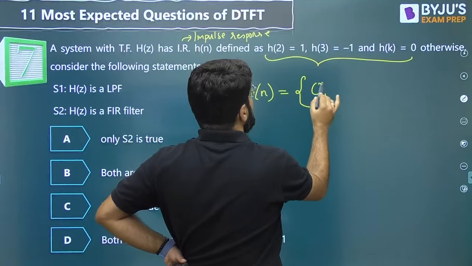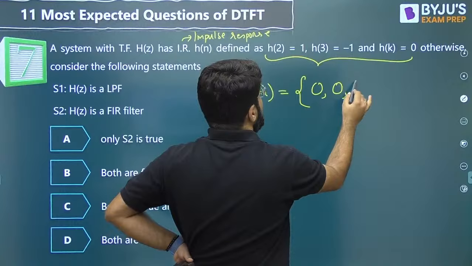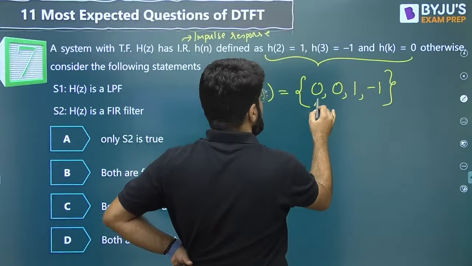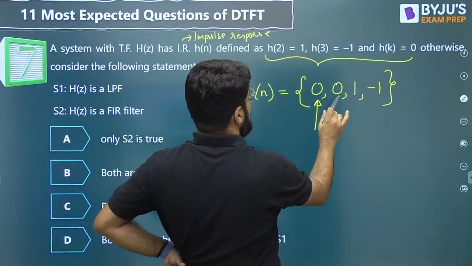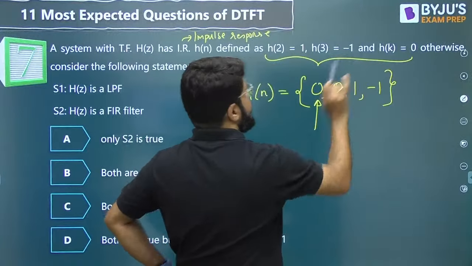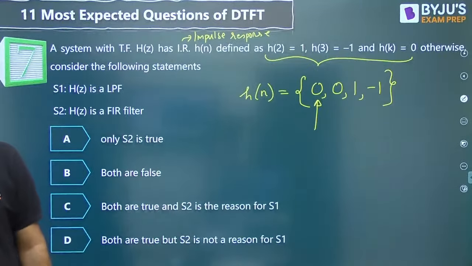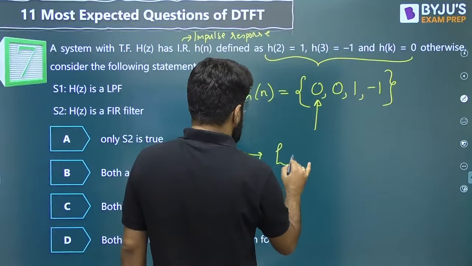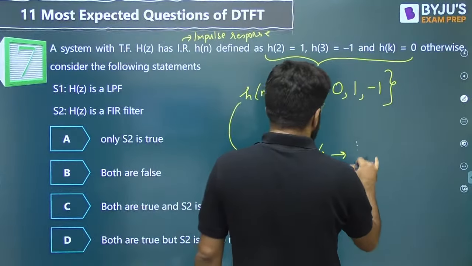So at the origin there is nothing. Then n equal to 1, then at n equal to 2 there is 1, and then -1. This is the origin, n equal to 0, then n equal to 1, nothing, n equal to 2, n equal to 3. So there is an impulse response whose length is equal to 4, which is finite.